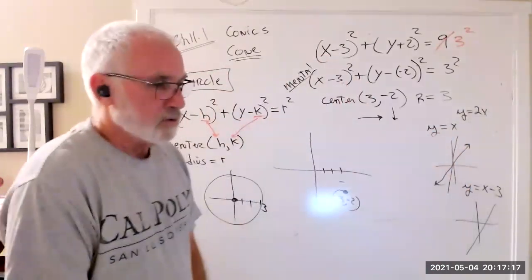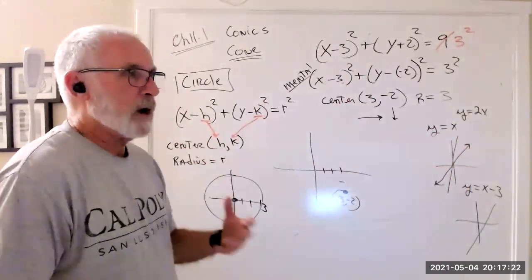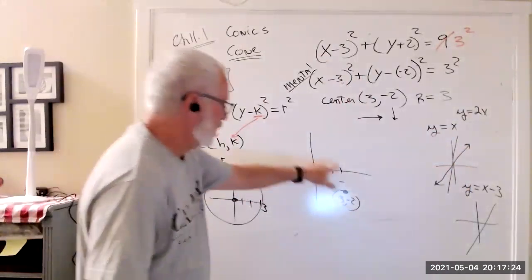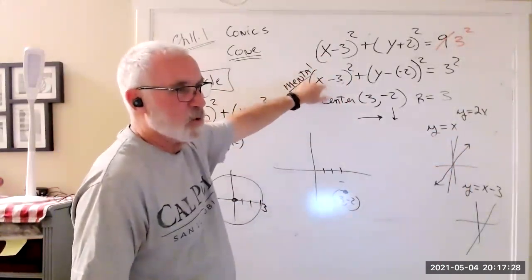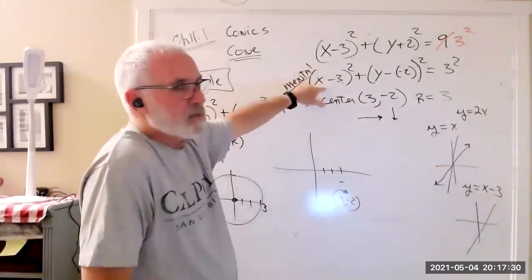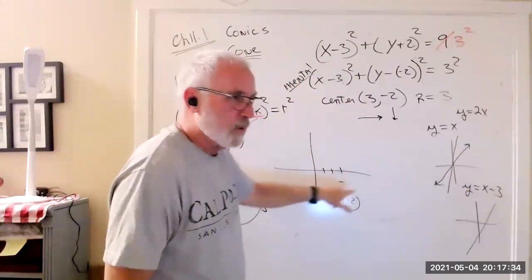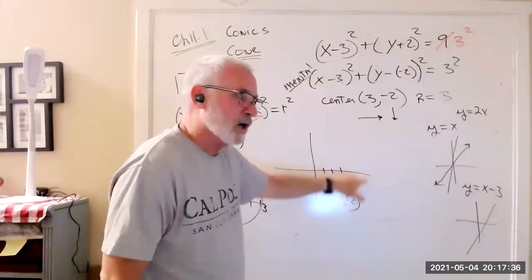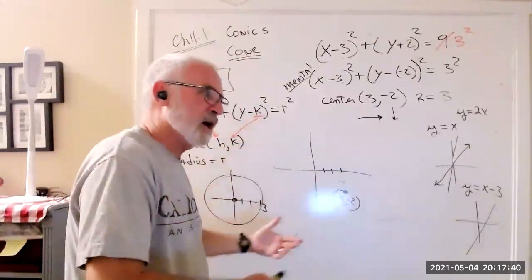The less satisfactory answer is that graphs show us visually what we can't see here. Here's the equation. What does it mean? But when we see a graph in front of us, we can talk about its domain and its range. We can ask, is it a function or not?